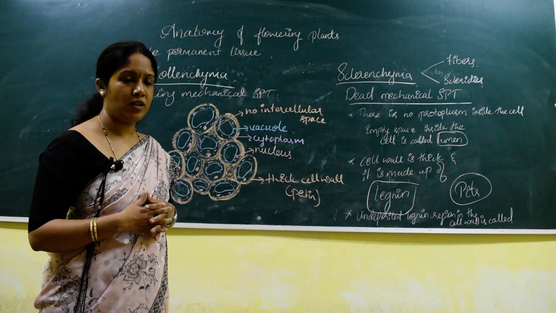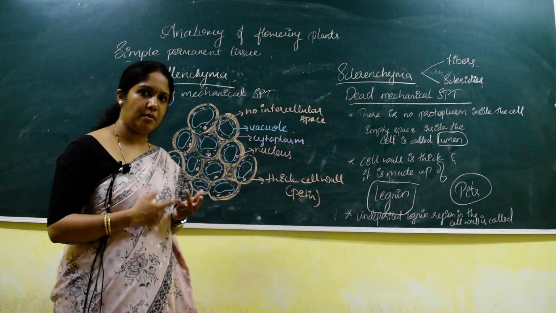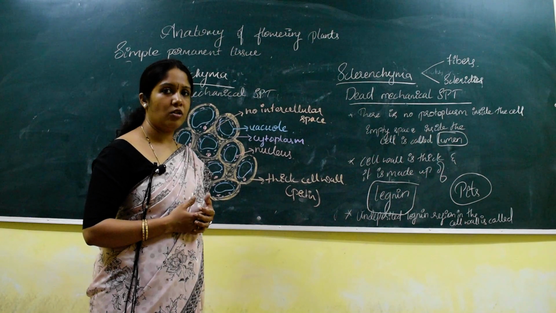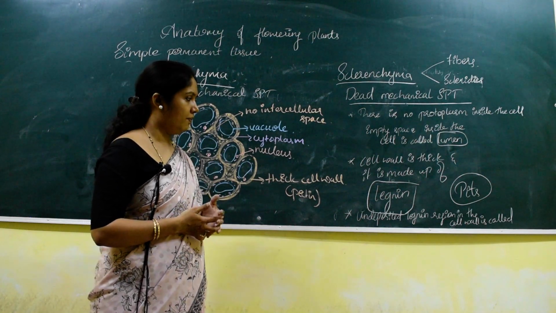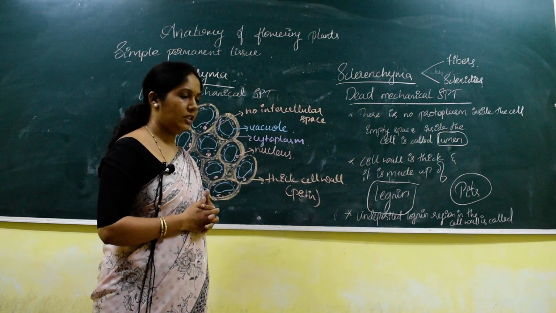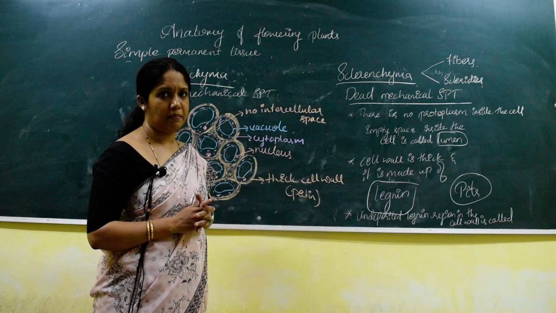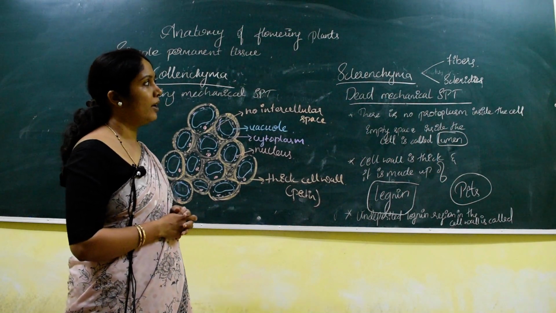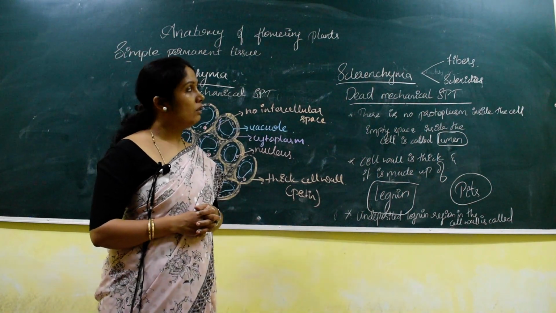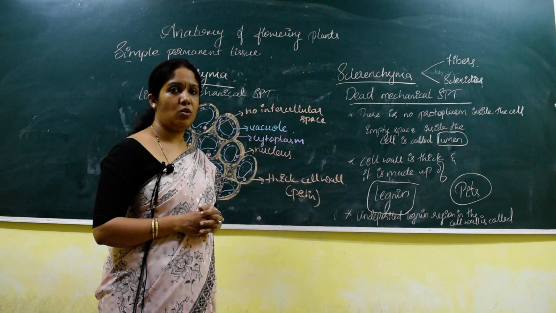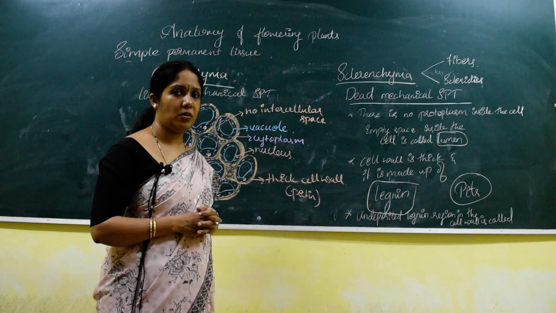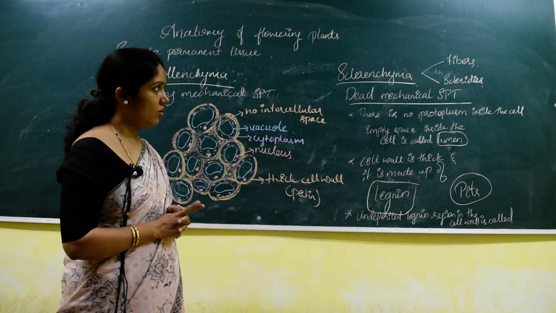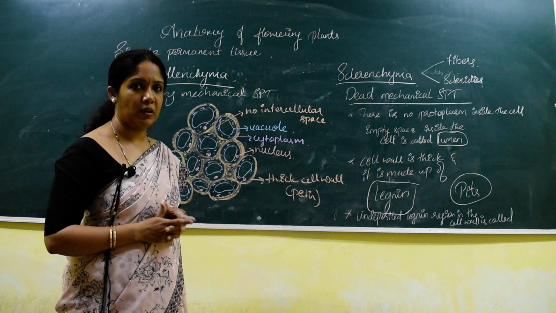It contains cellulose and hemicellulose in the primary wall, but the secondary cell wall is very thick due to the deposition of lignin. Next, the undeposited lignin region in the cell wall is termed pits, P-I-T-S. Based on its structure and the deposition of lignin, the Sclerenchyma is divided into two categories: fibers and sclerites. We are going to discuss fibers and sclerites in the next class. We will draw the diagram and explain. Thank you.